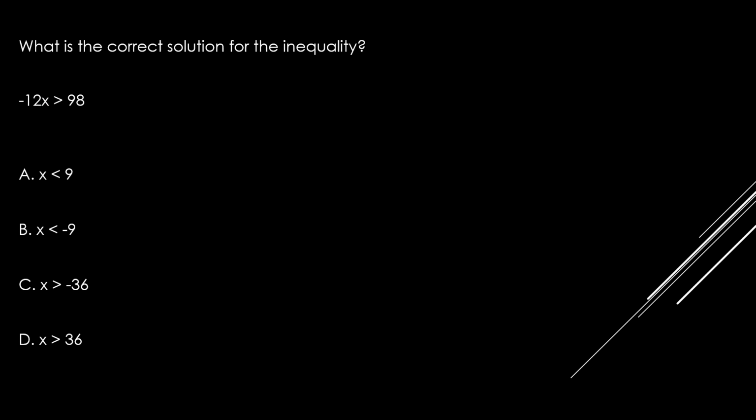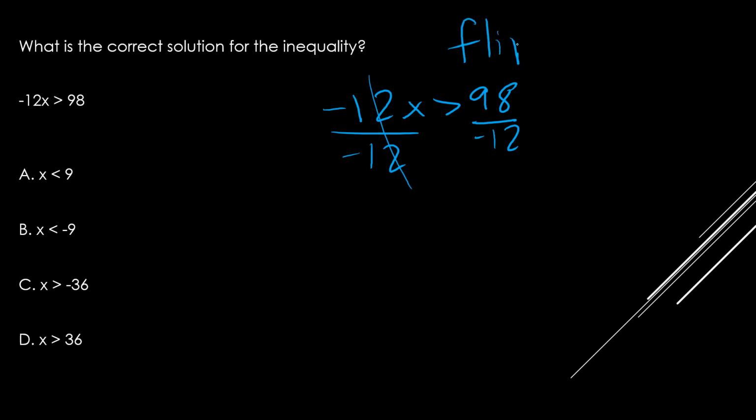What is the correct solution for the inequality? So when I have negative 12x is greater than 98, I'm going to divide both sides by this negative 12. Now, anytime you have an inequality and you are dividing by a negative, you must flip your sign. Okay, so on this problem here, you need to flip your sign.